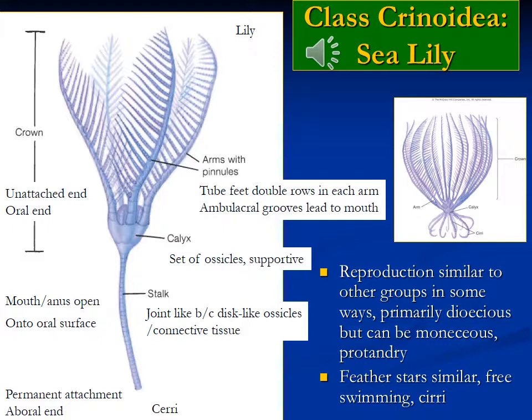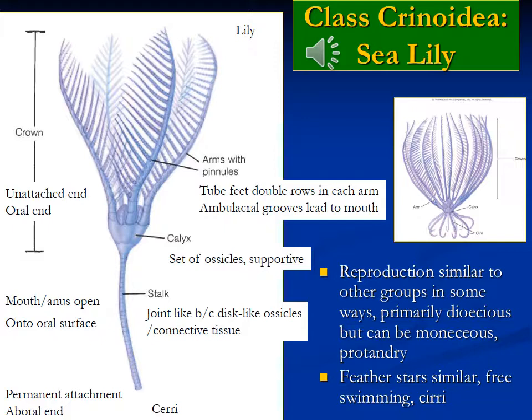The calyx connects to a stalk, and the stalk contains a bunch of disc-like ossicles that form these sort of joints that enable a little bit of mobility in the animal.